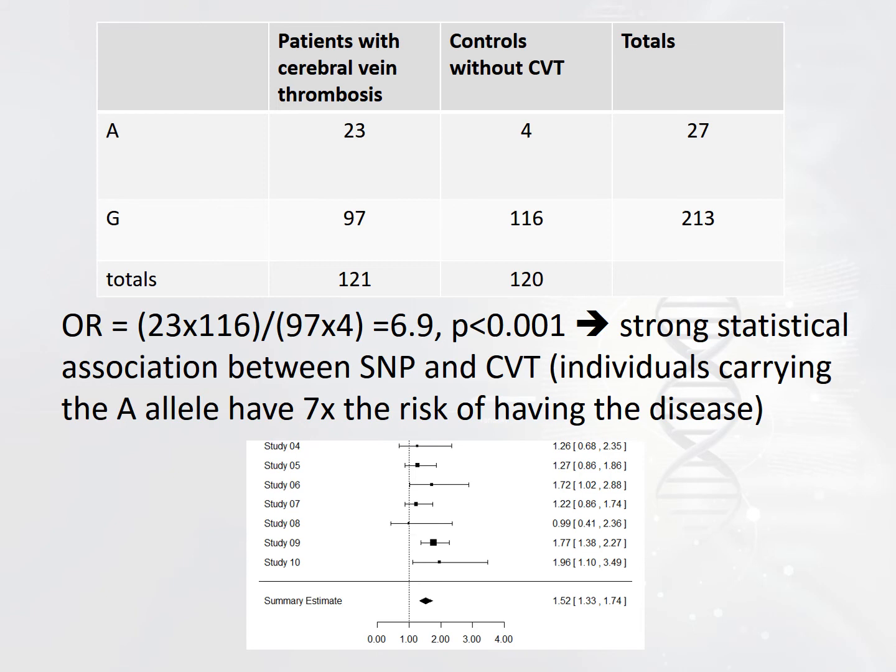So you have the magnitude of association, the distance away from the vertical line, which is set at 1, and the confidence interval, which is basically the horizontal whiskers. Generally, there is a summary odds ratio that takes into consideration the odds ratio for all the studies and determines an overall odds ratio for the risk of disease.